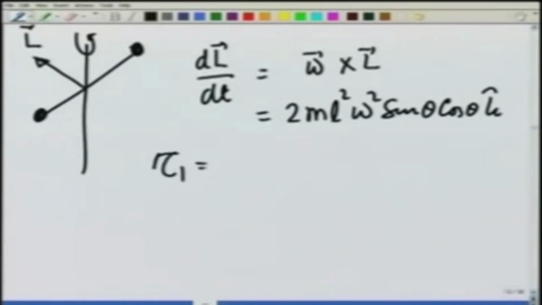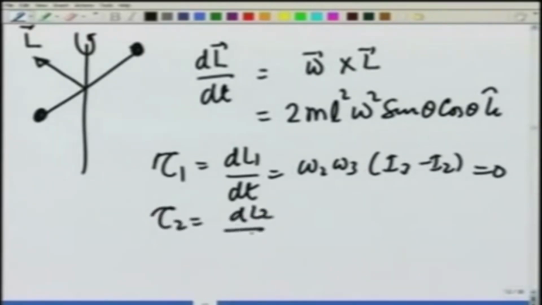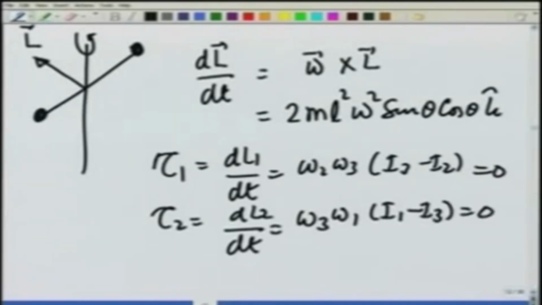On the other hand, if I calculate it using tau 1, which is dL1 dt, purely due to rotation, it is going to be omega 2 omega 3 times I 3 minus I 2, which comes out to be 0. Tau 2, which is dL2 dt, equal to omega 3 omega 1 times I 1 minus I 3, will also come out to be 0.